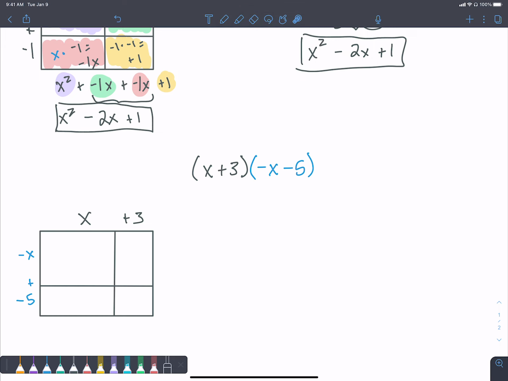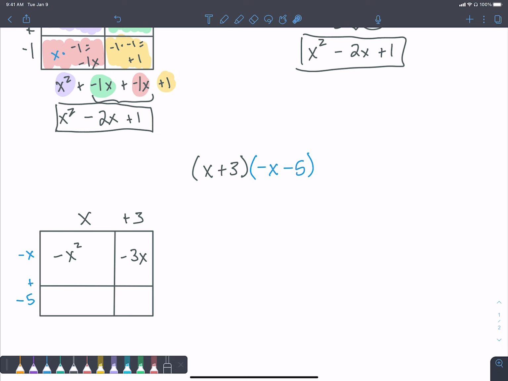So let's start. X times a negative x, that's going to be a negative x squared. A negative x times a negative x is a negative x squared. Positive 3 times a negative x. Let's see, if we've got a positive times a negative, that's going to be a negative. And then I'm left with minus 3x.